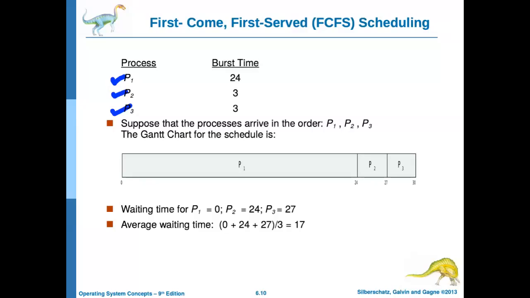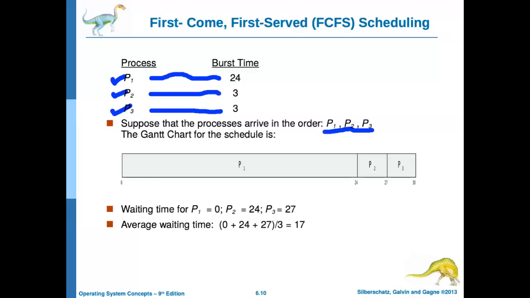So P1's burst time is 24, P2's burst time is 3, and P3's burst time is again 3. Now suppose the processes arrive in the order P1, then P2, and then P3.